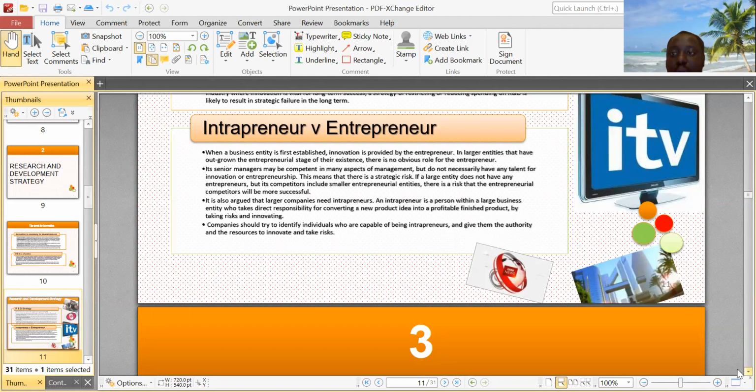They do not start companies, but they convert new product ideas into a profitable finished product by taking risks. So you can be working for a company and be an intrapreneur so far as you are able to bring ideas on board and convert those ideas into finished products. Companies should therefore try to identify individuals who are capable of being intrapreneurs and give them the authority and the resources to come up with innovations and take risks.